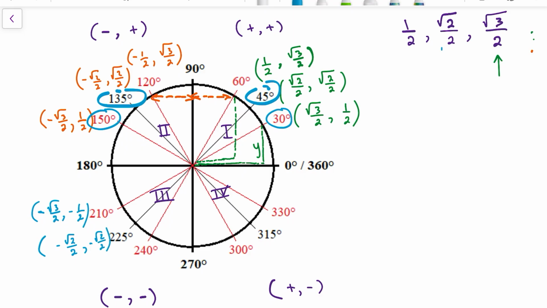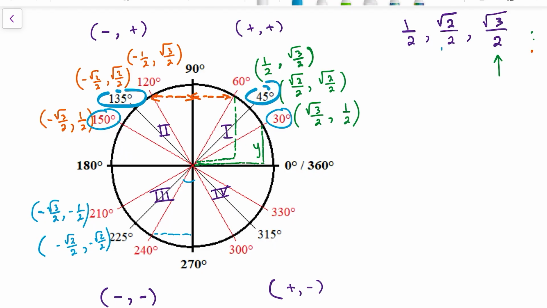And the 240 degrees, which is 30 degrees distance from 270 degrees, is going to have the same values as the 120 and 60 because they are both 30 degrees away from 90 degrees, if you have a look at that.